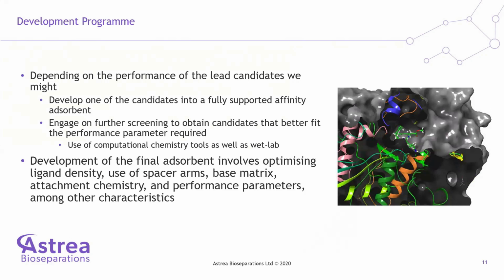There is some flexibility on the base matrix. As I mentioned, our preferred material is agarose, but in some cases we have a few other base matrices that can be used. The attachment chemistry is something that many times we at least try to optimize, and also the performance parameters, among other things that many times are particularities of your process.